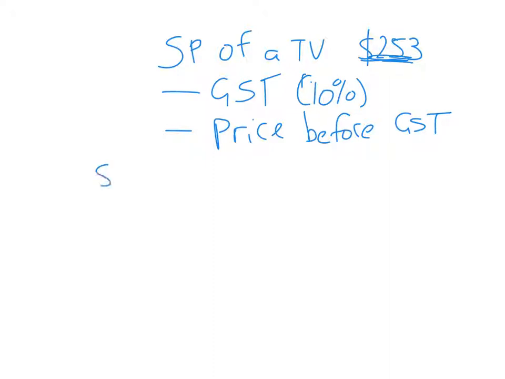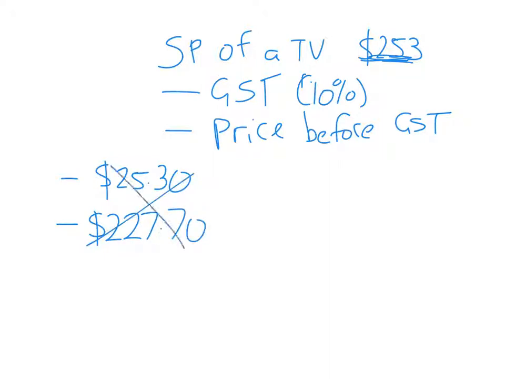10% of 253 is 25.30, okay? So if the GST was 25.30, that means the price before GST would be $227.70, right? That's wrong. The GST is 10% of the price before GST. So you don't find 10% of 253. Remember, you divide 253 by 11.